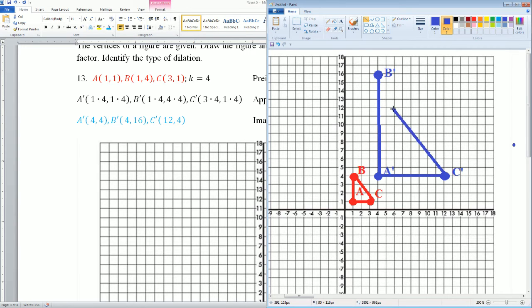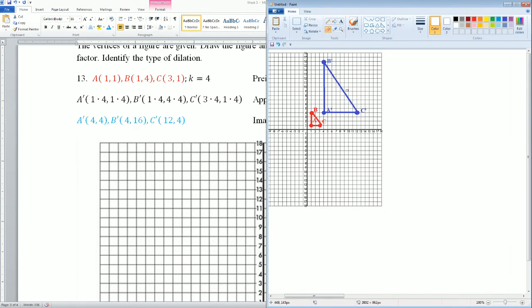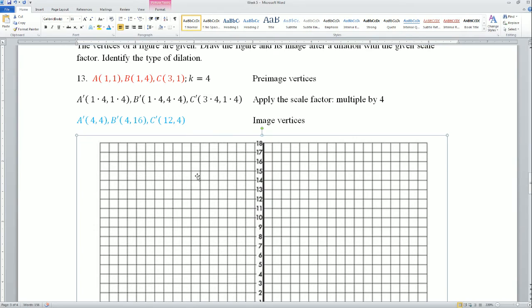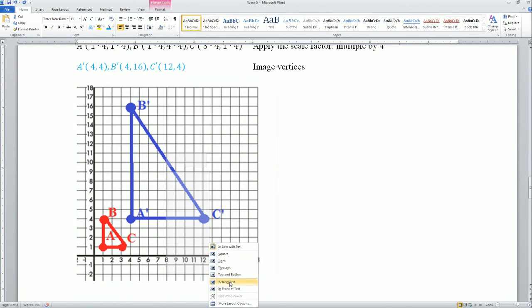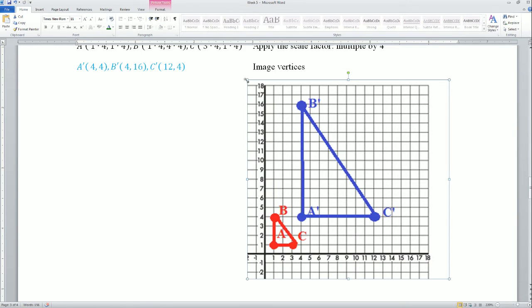After I connect it, it's all positive, so I'm just going to grab the positive parts of the coordinate grid. Put this in front so you can see it.